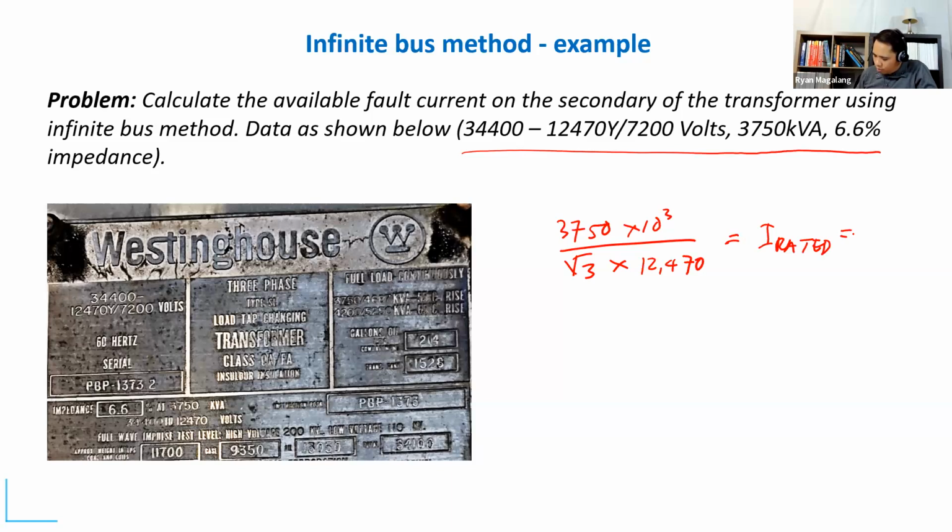So that will become 3750 divided by that, which is 173.6 amps.